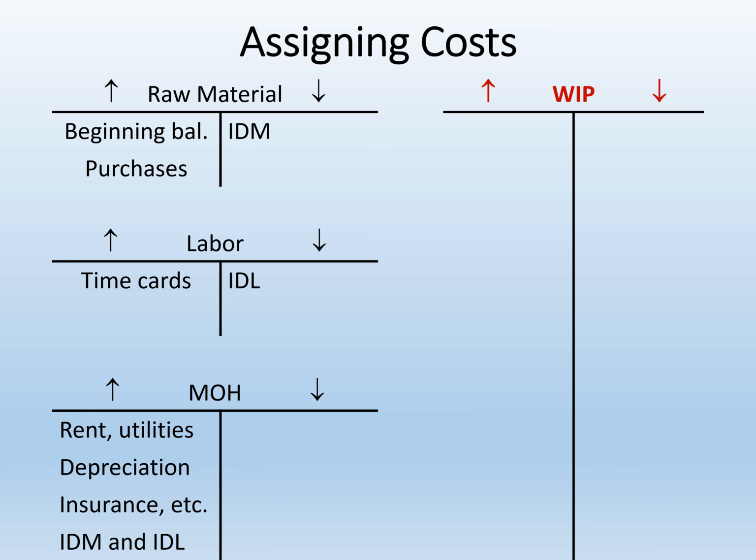This is an asset account that increases on the debit side when costs are added to production, and decreases on the credit side when the production is complete and the goods leave the factory floor.